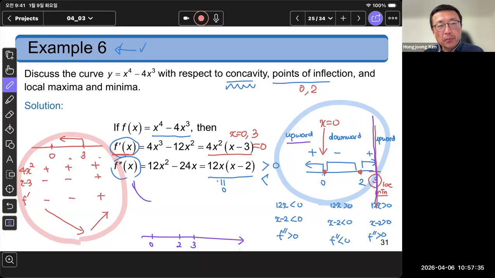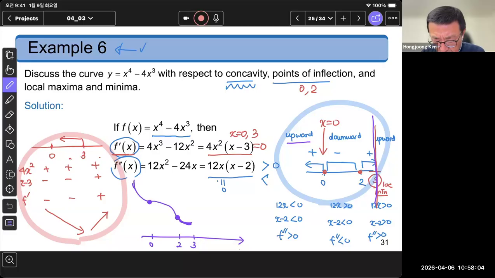So the decreasing pattern will be similar to that of the negative x squared function. And then between 2 and 3, my function decreases, but concavity is concave upward. So we have this. As we observed, we have 2 inflection points where this concavity changes.